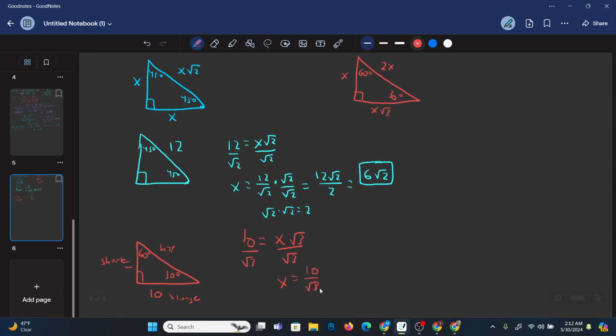But we can't have a square root in the denominator, so we need to rationalize. So we just multiply the numerator and the denominator by the square root of 3, which is what is in the denominator.